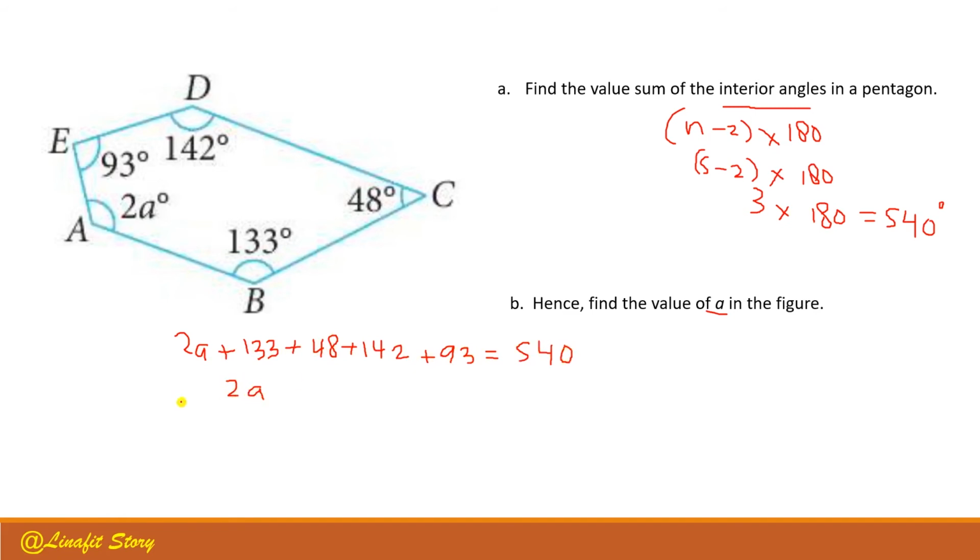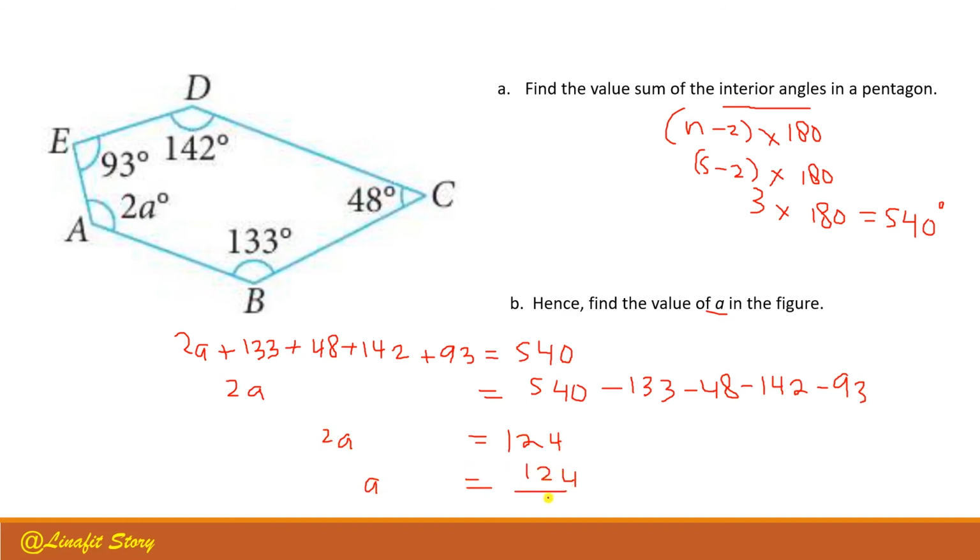So 2A is equal to 540 minus 133 minus 48 minus 142 minus 93. 2A is equal to 124. A is equal to 124 divided by 2, which is 62 degrees.